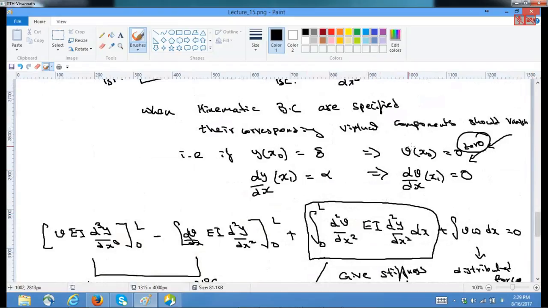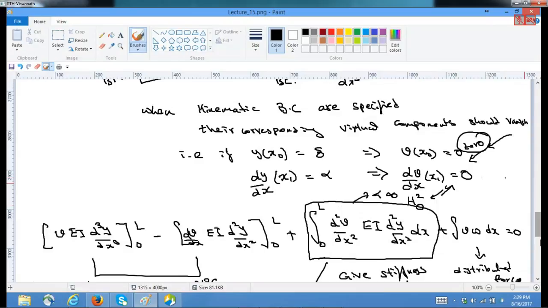But this statement together with this integral form, if this integral has to be less than infinity, that means it should belong to H2. And if it has to satisfy this condition, further it says that it has to be H2 0.